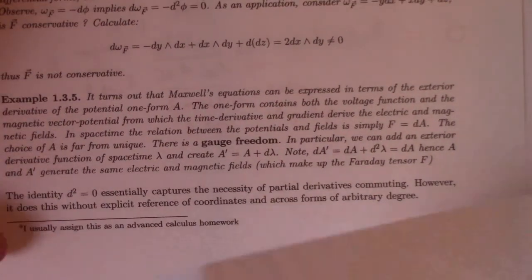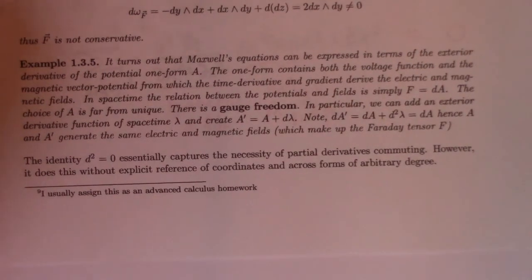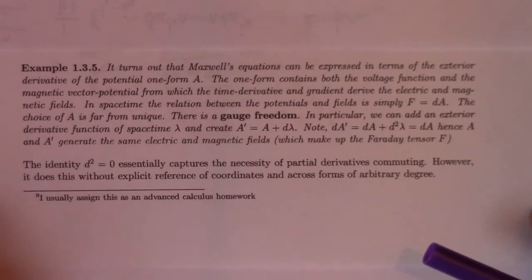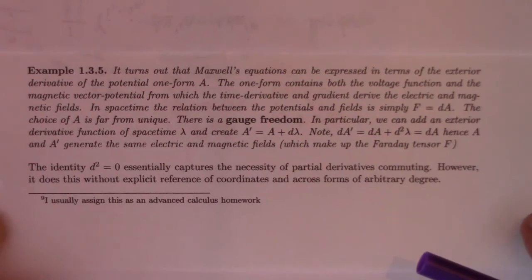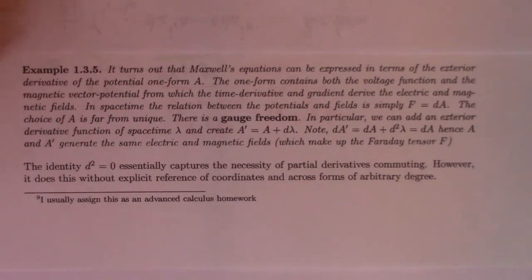Another, I think, good example is given by Maxwell's equations. Maxwell's equations, of course, are the central thought of electromagnetism. They control how the electric and magnetic fields evolve one into the other through time.